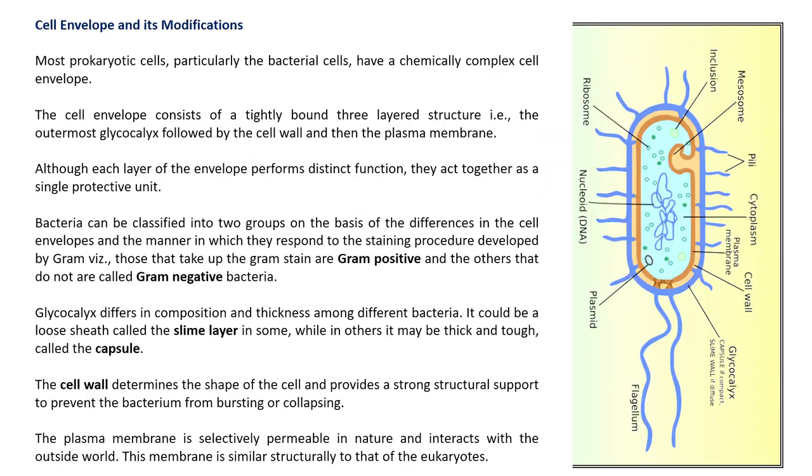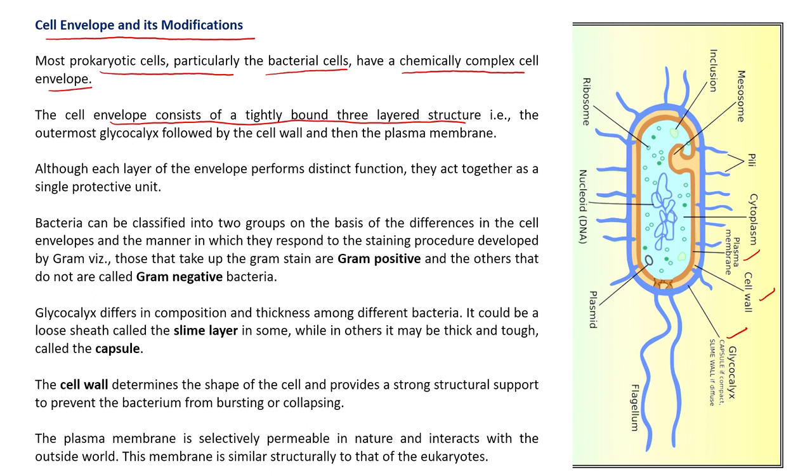Now we will study more about the cell envelope and its modifications. Most prokaryotic cells, particularly bacterial cells, have a chemically complex cell envelope. The cell envelope consists of a tightly bound three-layered structure. These three layers are the capsule, cell wall, and plasma membrane, which I showed you in the previous slide.